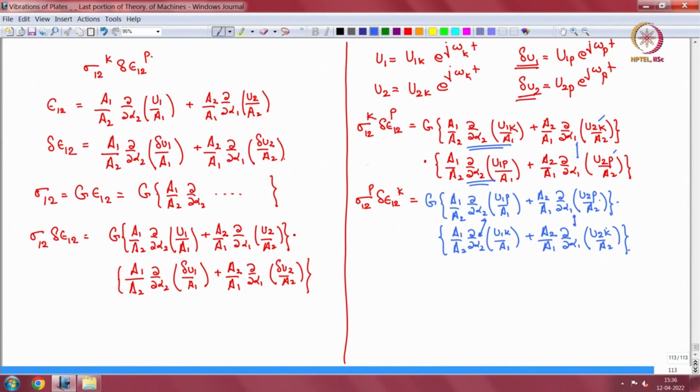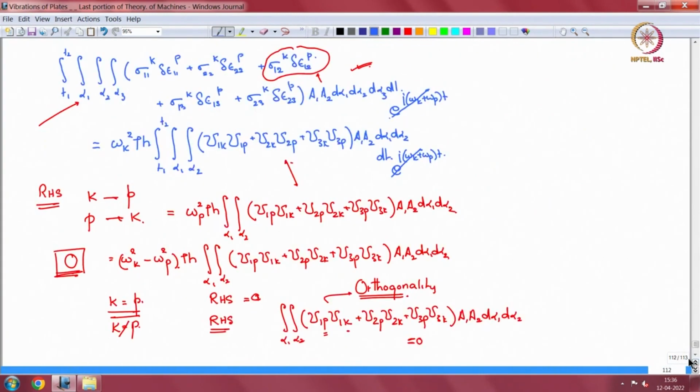So if I subtract, I get a 0 at least with respect to the shear terms. Okay. So if I replace K with P and P with K and do a subtraction, the shear terms will vanish. Okay. Now let's see what happens to those terms.